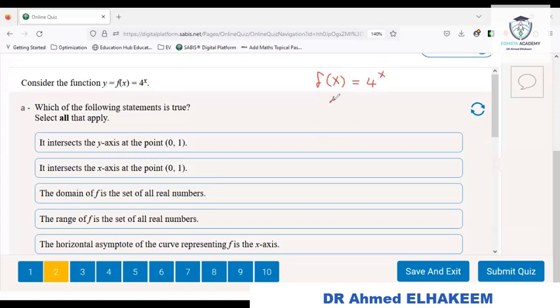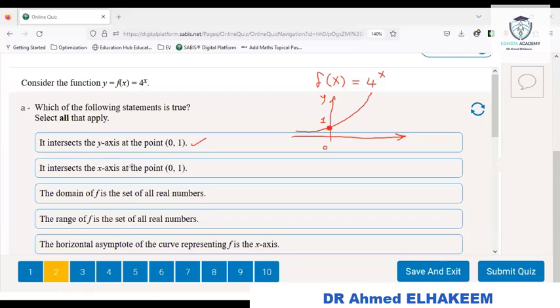We already saw how to draw 4 power x. When x equals 0, y is 1, so the function will be like that. If I draw it as a draft, I can answer any question. It intersects the y-axis at the point (0, 1). Yes, this is right, because here the intersection is at 0 and 1.